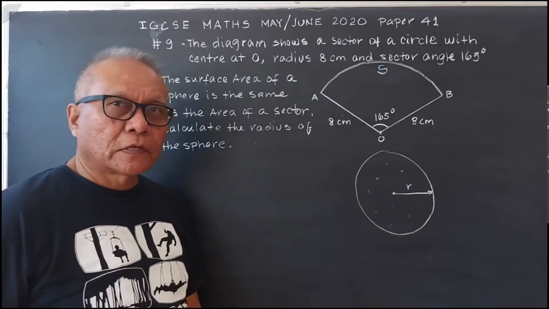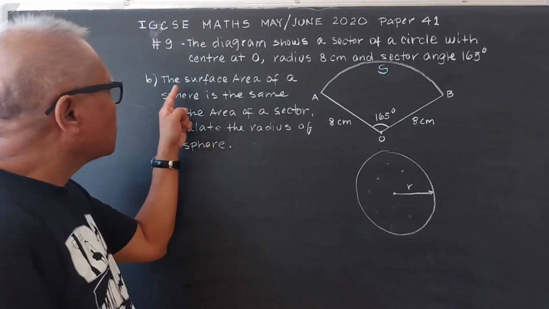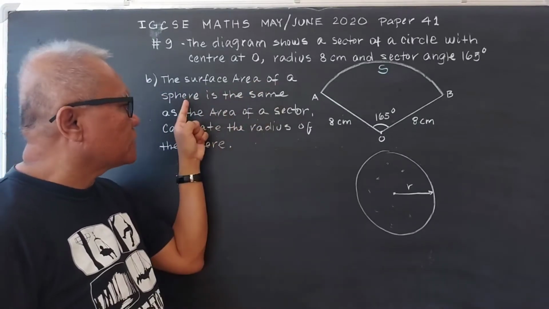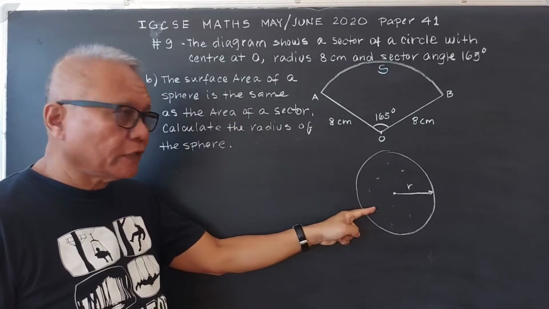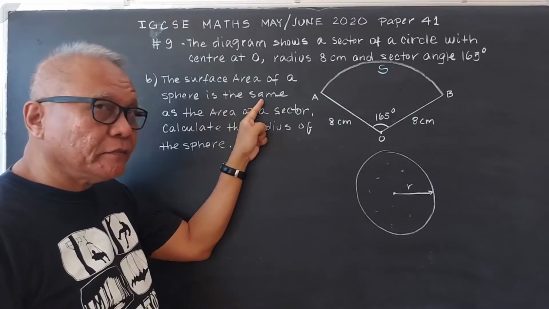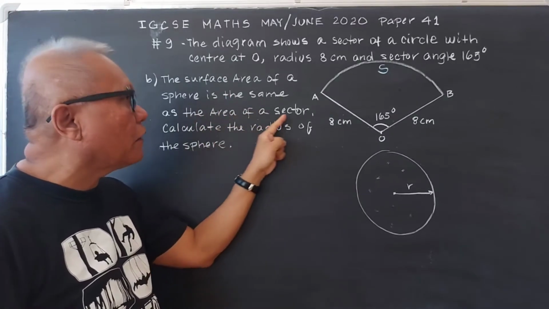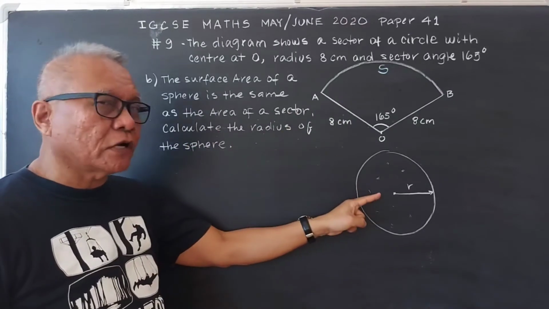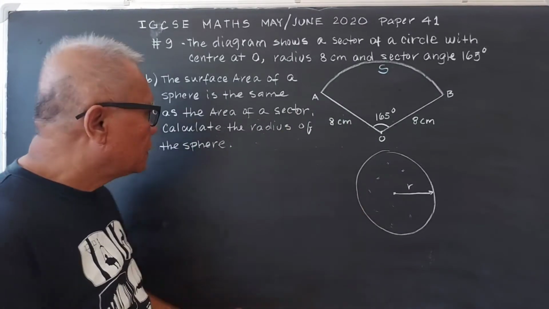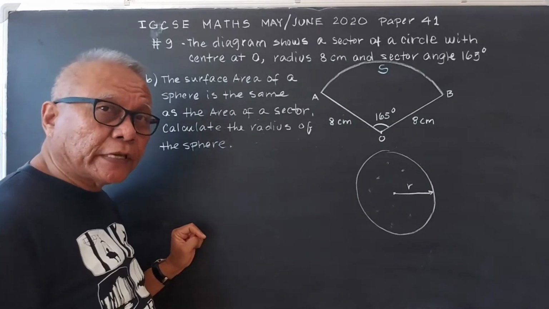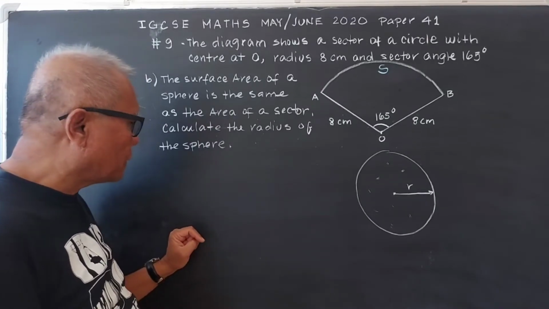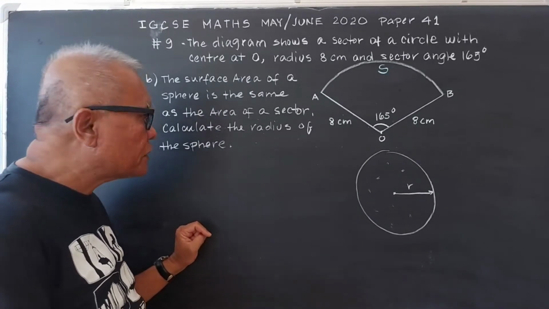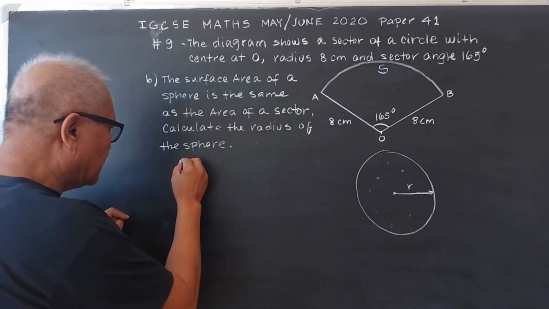Letter B. The surface area of a sphere, this is our sphere, is equal to the area of our sector. Calculate the radius of our sphere. So let us first compute the area of our sector, and the formula for the area of our sector is this.